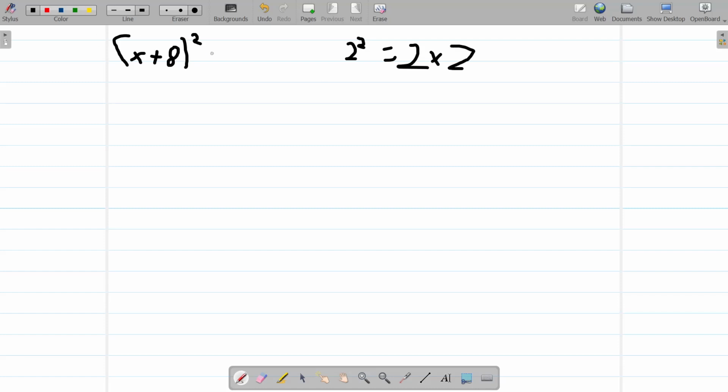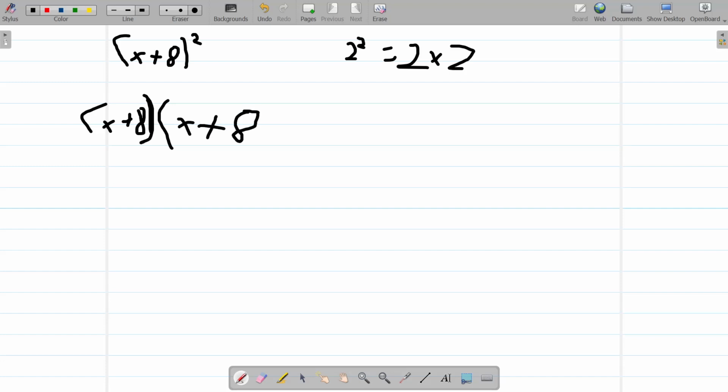So that whole thing squared is the same as doing x plus 8 times x plus 8. So what it would actually be is something a little more like this. It'd be x plus 8 in brackets, and then you're timesing it by itself again, so it would be x plus 8 in the other bracket.